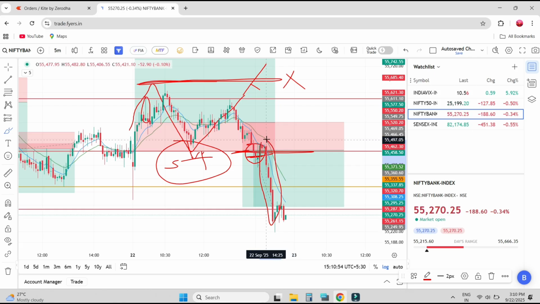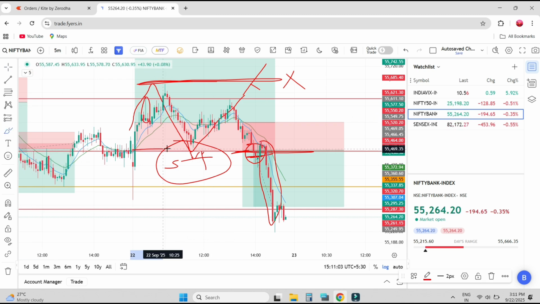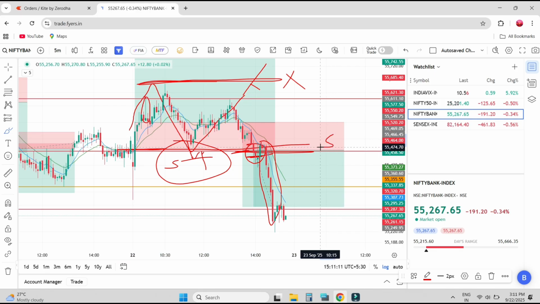See the movement here. The reason behind this movement is the stop loss trigger. Somewhere at this level, I also set my stop loss. I was waiting for this. Like me, many other traders would have set their SL.